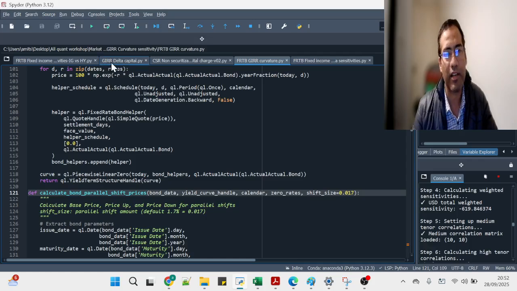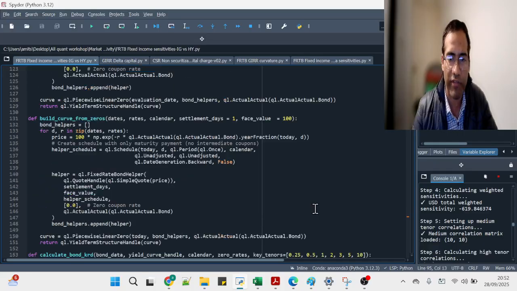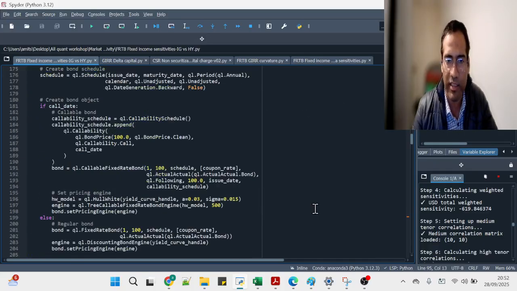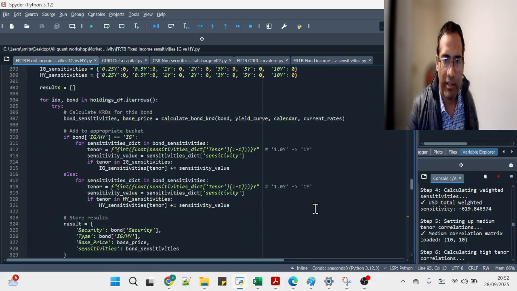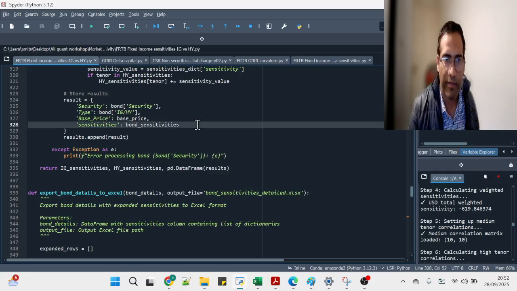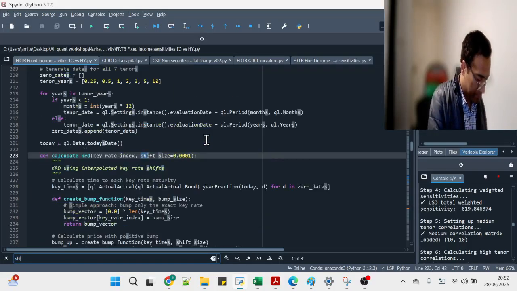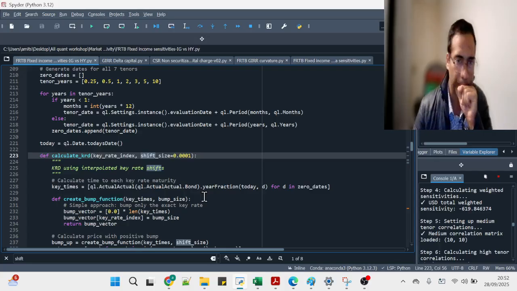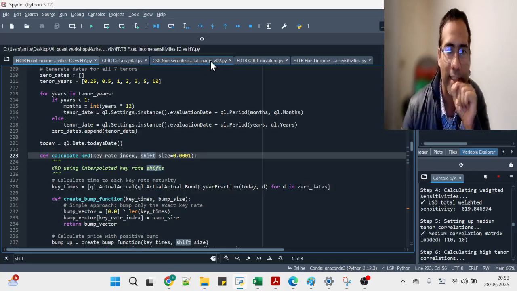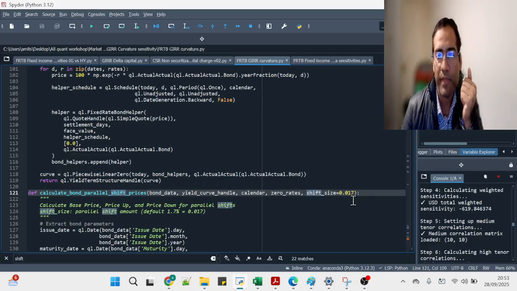What was the shift size when we calculated sensitivity? Let's see. Sorry, it is taking a little bit of time. Shift size was 1 basis point. In this case, it is 1.7%, and it is much more.